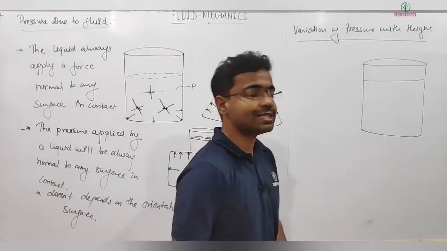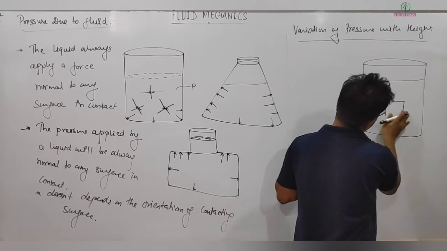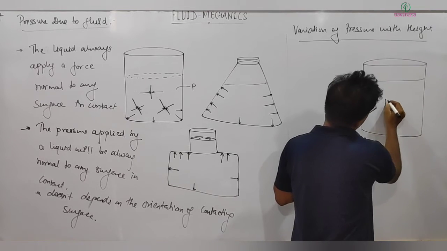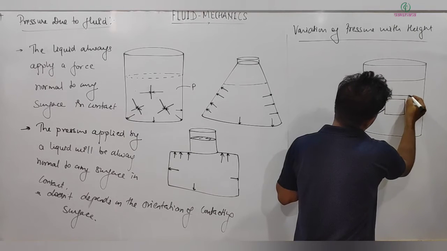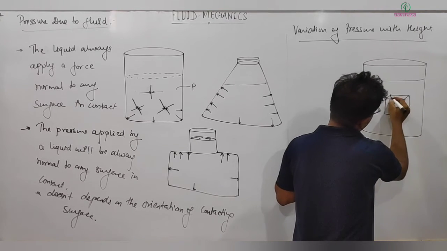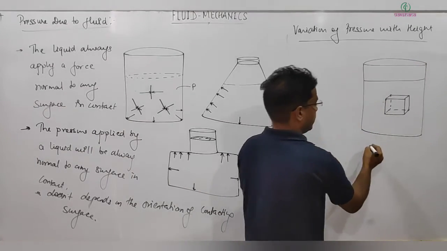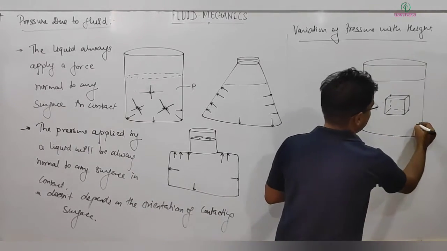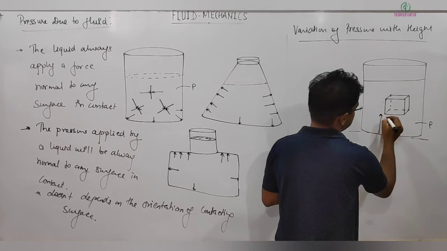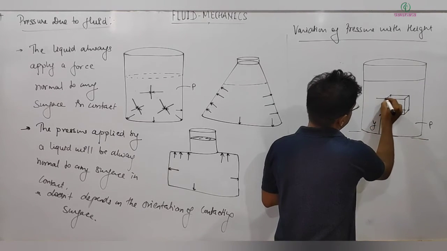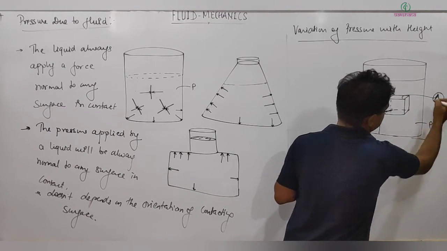Now what I can consider here is a hypothetical cube of the same liquid. So this is the container filled with liquid of density rho, and here I am taking a reference, and this height, let's say y, and this is dy. Its area of cross section is A.